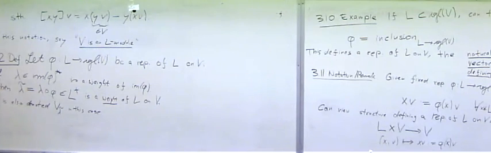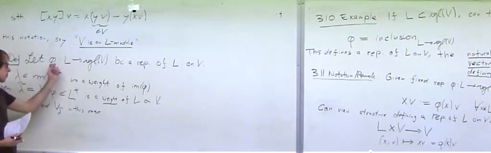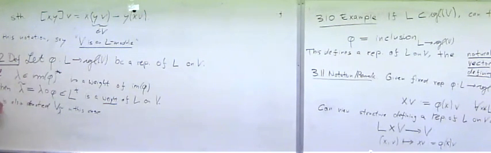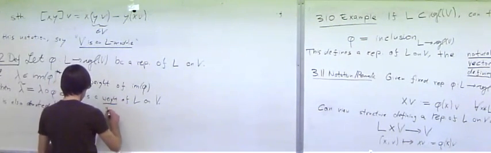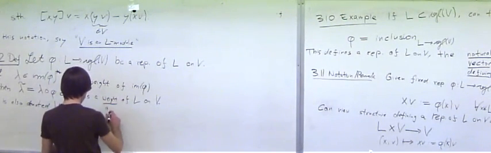So we have a weight space, the set of all vectors which are simultaneous eigenvectors with these eigenvalues lambda. So if we have such a representation, then we also say this is the weight space of weight lambda tilde for L.